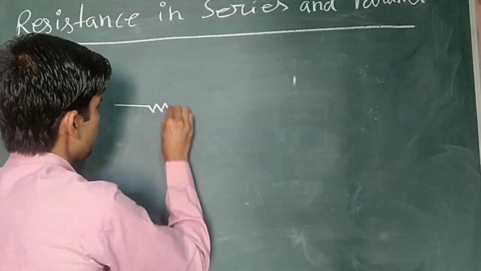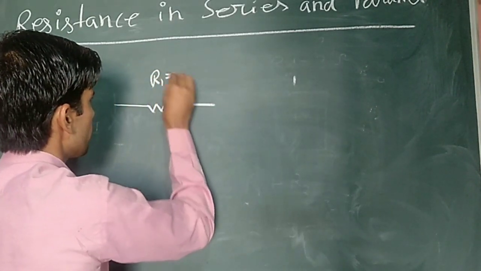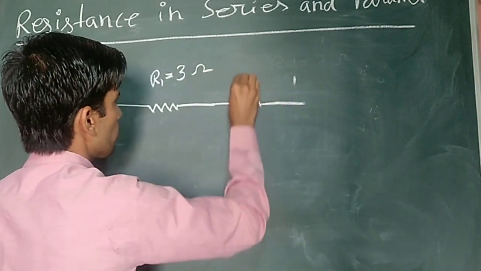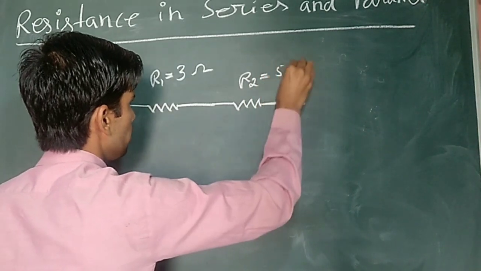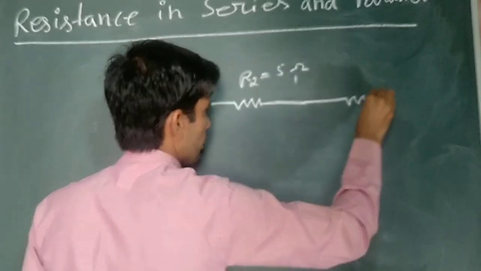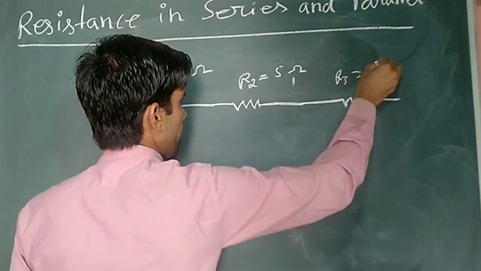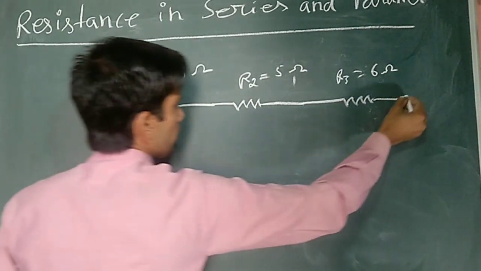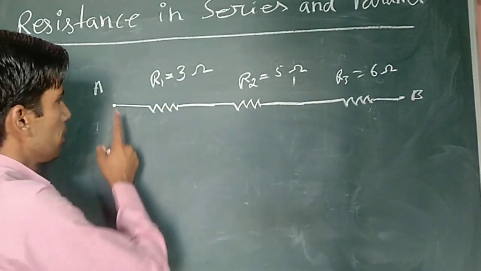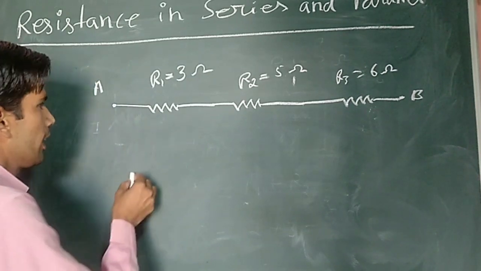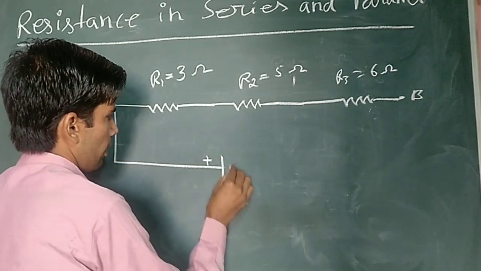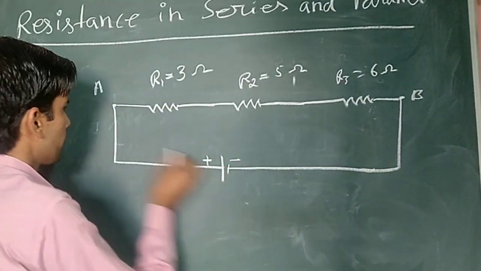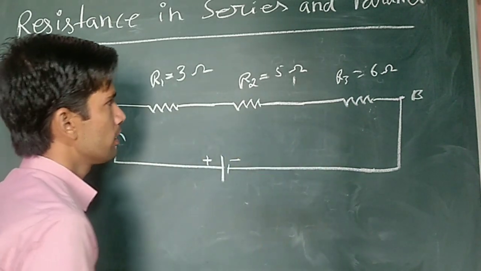Let there be 3 resistances: R1 which is equal to 3 ohm, R2 which is equal to 5 ohm, and R3 which is equal to 6 ohm. Here we have to find the net effective resistance between the points A and B. When I join this system of resistances with an external source of energy, the same amount of current flows through all three resistors.